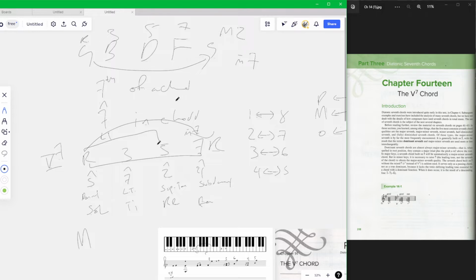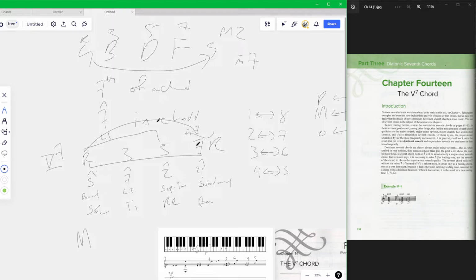Easy. All right. Be sure that you are familiar with this method, because it will save you. A lot of students, what they do to gauge the quality of the 7th is they gauge the quality of the interval between the 5th and the 7th.